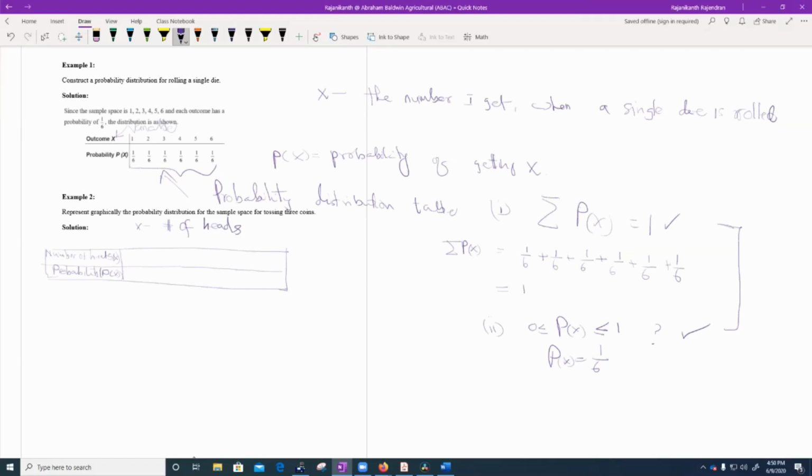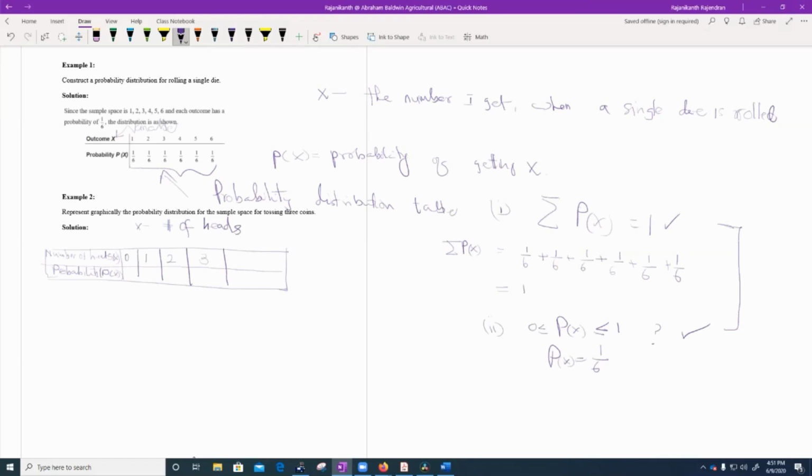Okay. So what are the possible values of x I have? Well, there are several values. You may have all tails, so you may have no heads. Therefore, x may be 0, or maybe 1 head, maybe 2 heads, or maybe 3 heads.